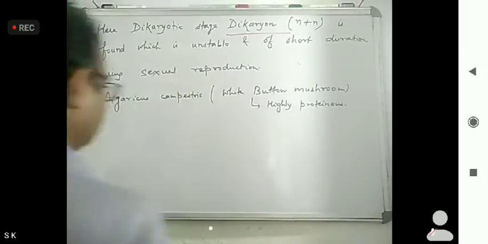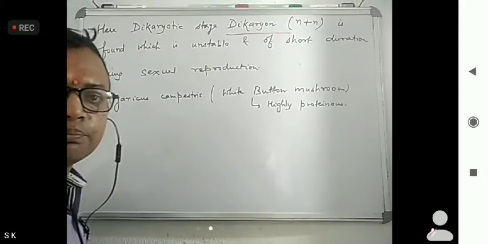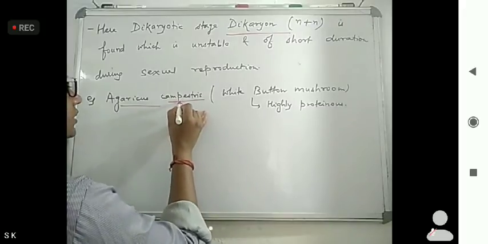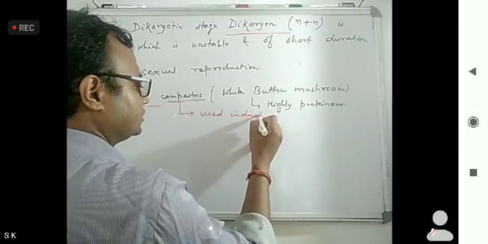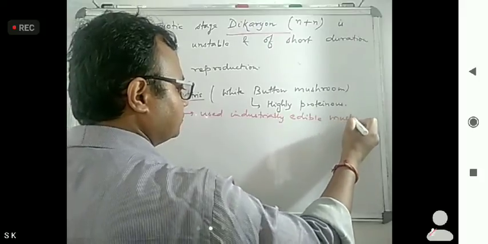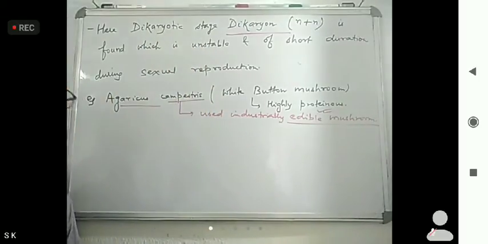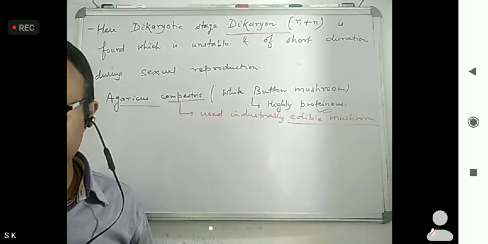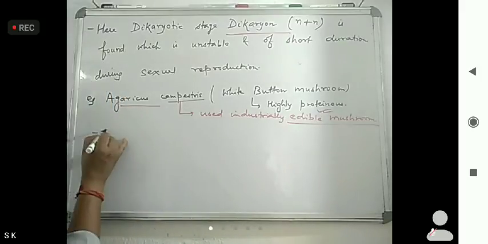Now, most of the mushrooms are dangerous, that is poisonous in nature, but Agaricus campestris is used industrially, an edible mushroom. Okay, so sometimes if questions are coming which mushroom is edible, so that is Agaricus campestris, that is also known as white button mushroom.